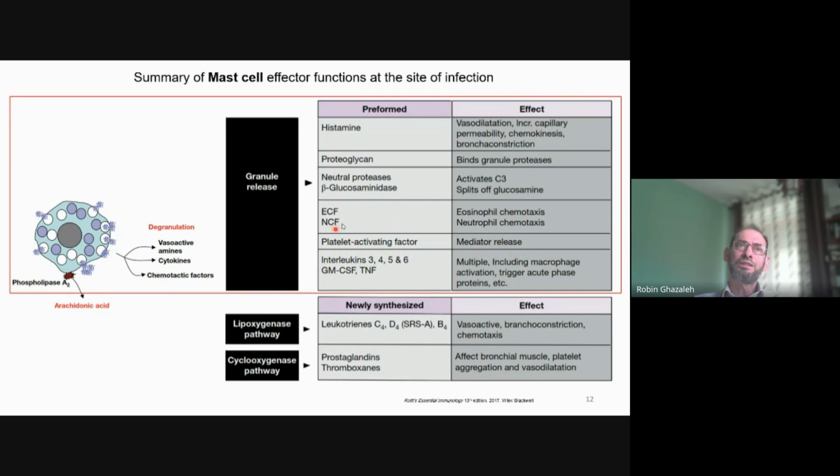Here we have two cytokines which cause the chemotaxis of eosinophils and neutrophils. Chemotaxis, remember, is the movement of cells along a concentration gradient. There is an area in the tissue where lots of these stimulatory cytokines are present. When the cells coming, for example the eosinophils or neutrophils, are far away, the concentration is weak, but the closer they get, the higher the concentration.